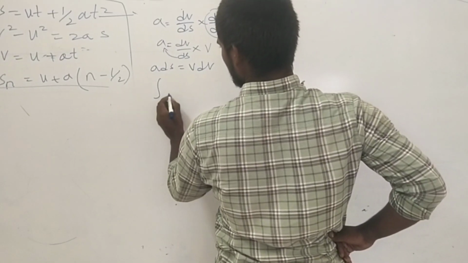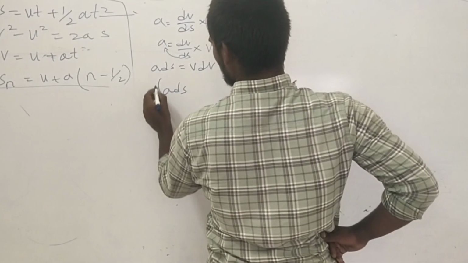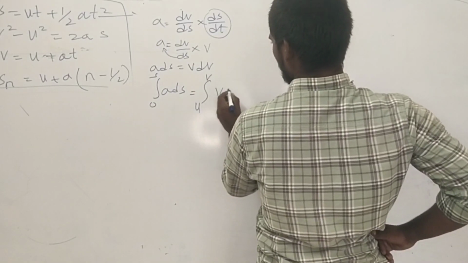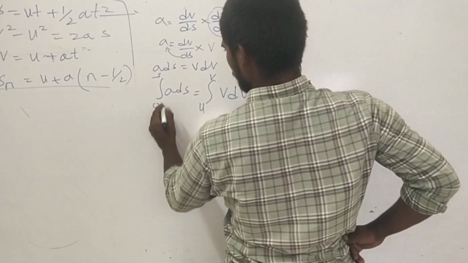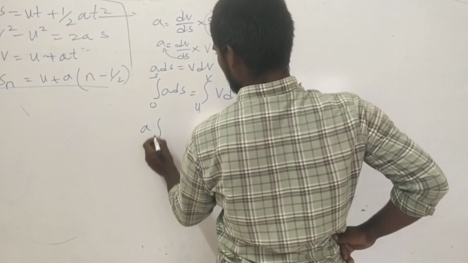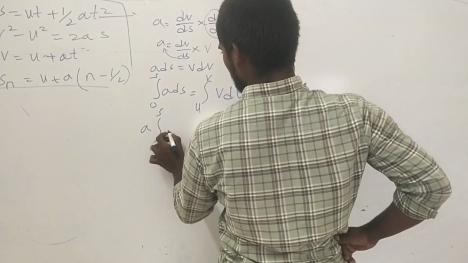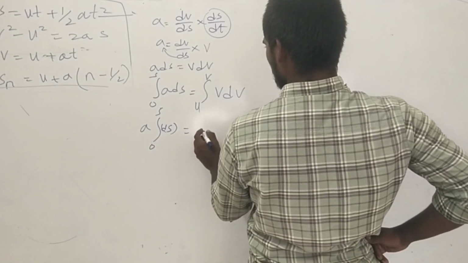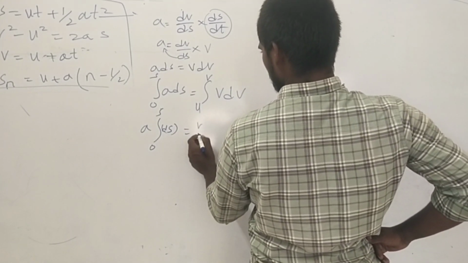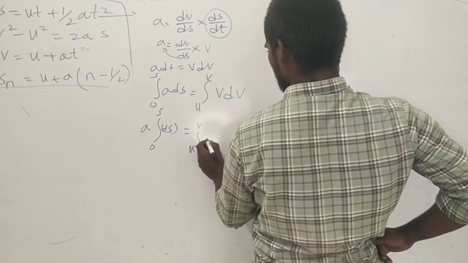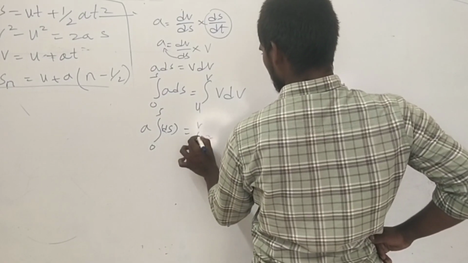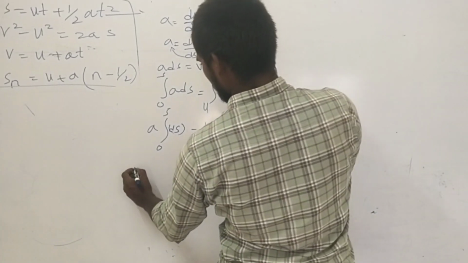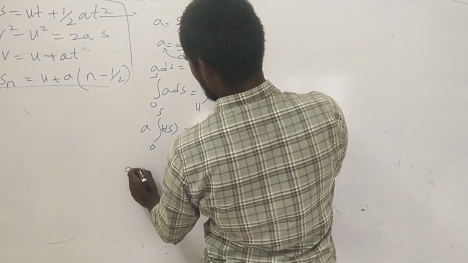If you integrate a ds from 0 to s, and integrate v dv from u to v, then a will come outside as a common factor, and the integral of ds from 0 to s is equal to the integral of v dv, which is v square by 2, over the limits u to v.